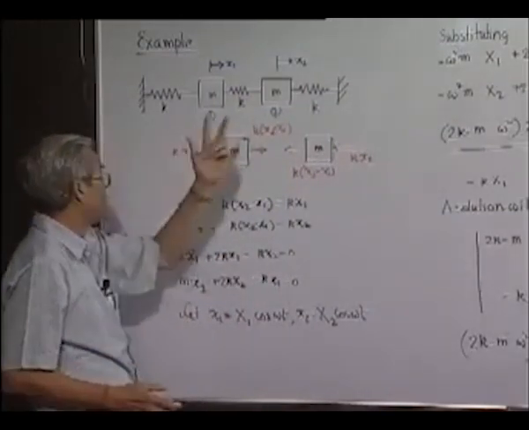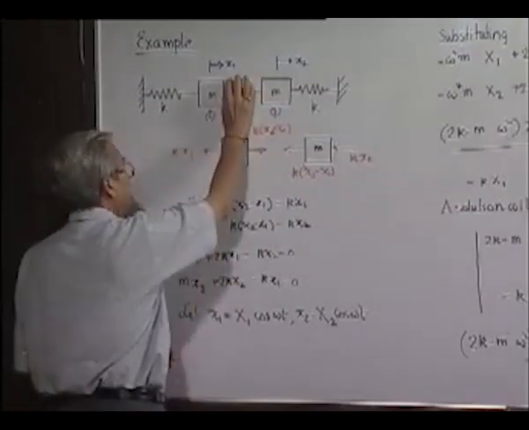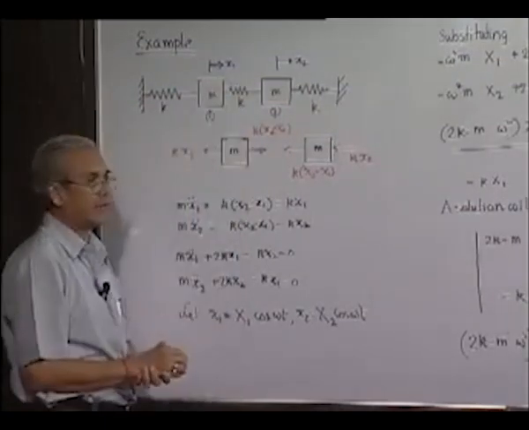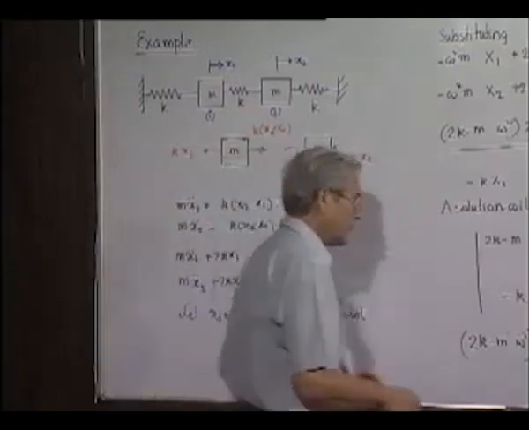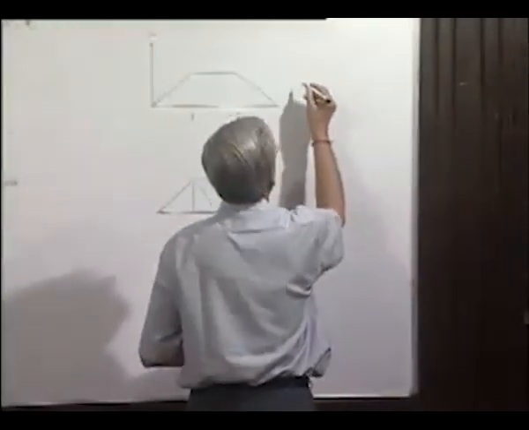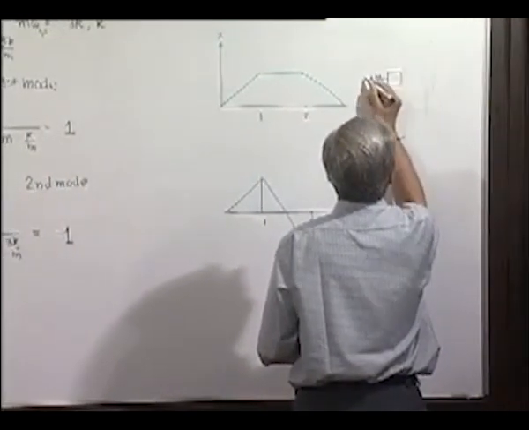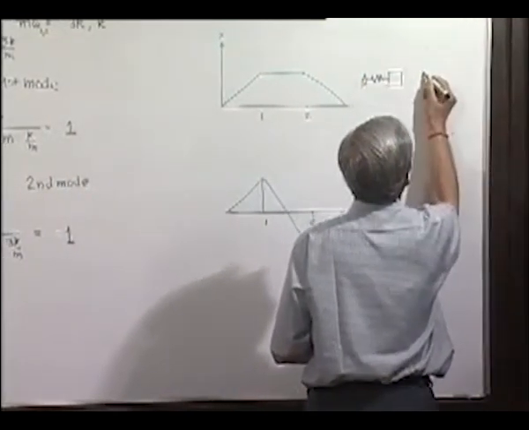So one possible way, let us consider their oscillation if they oscillate with the same frequency, same phase and same amplitude. What will happen in that case? This spring will have no distortion, because the movement of the two masses is identical at every instant. So distortion being 0, there will be no force.